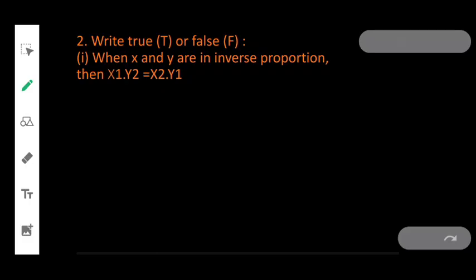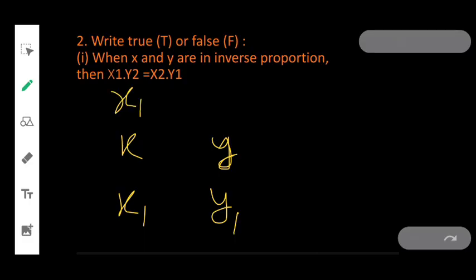So if there are x and y variables and they are in inverse variation, let's say x1 is increased, then the other variable will decrease, because this is inverse variation. If x1 decreases, then the other variable will increase. Sorry, this is x2 and this is y2.